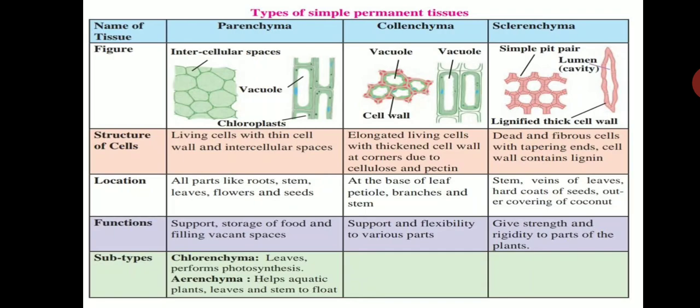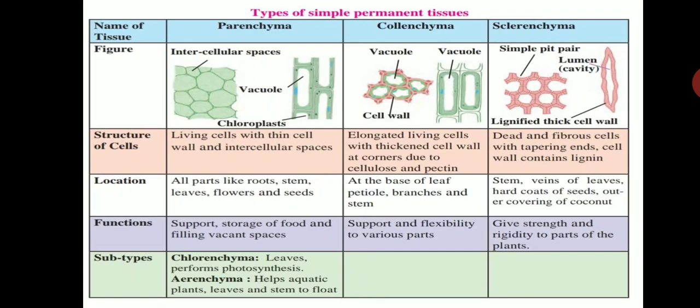Then the location of parenchyma is, it is present in all parts like root, stem, leaves, flowers and seeds. But collenchyma tissues are present at the base of leaf, petiole, branches and stem. The sclerenchyma tissues are present in the stem, veins of leaves and the hard coats of seeds.